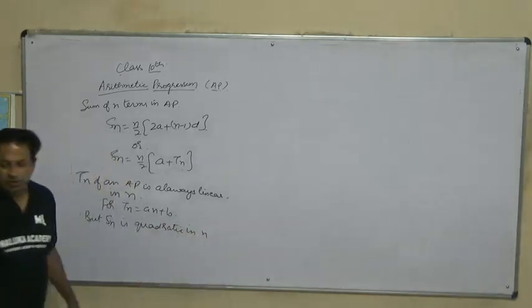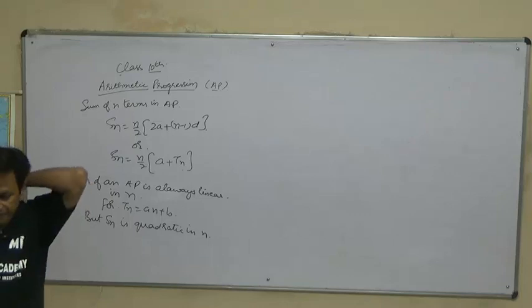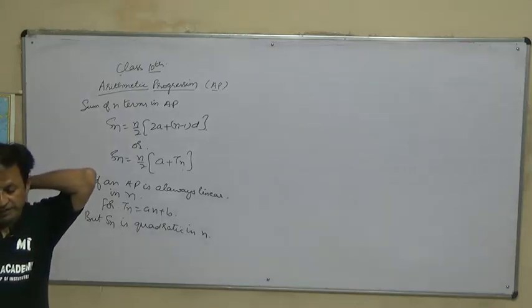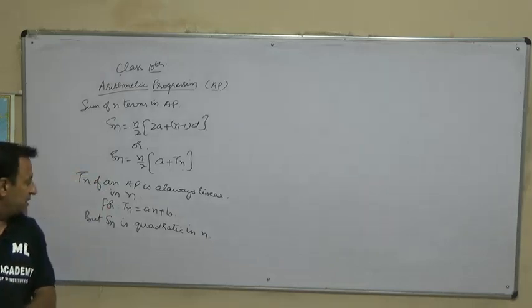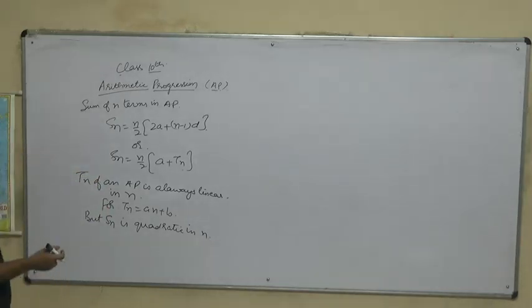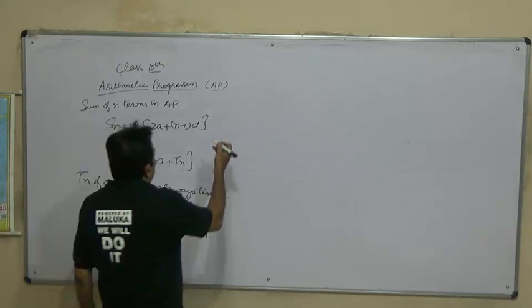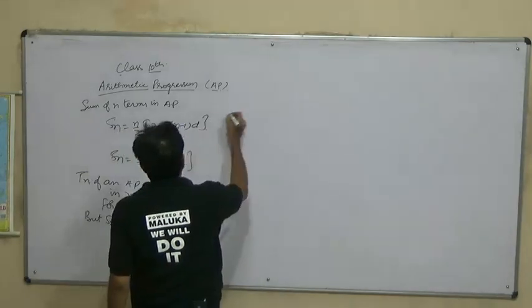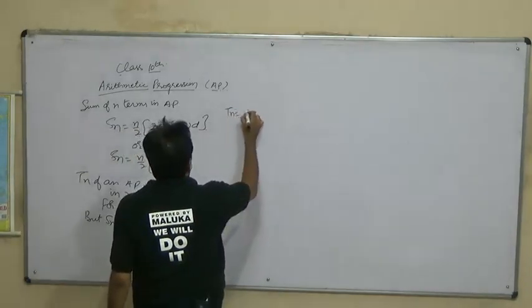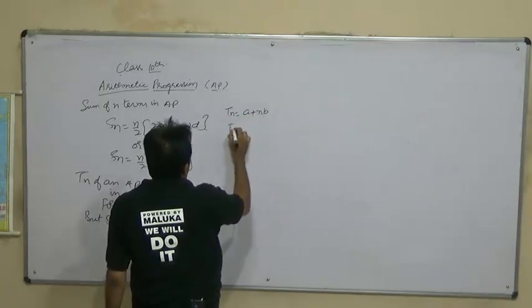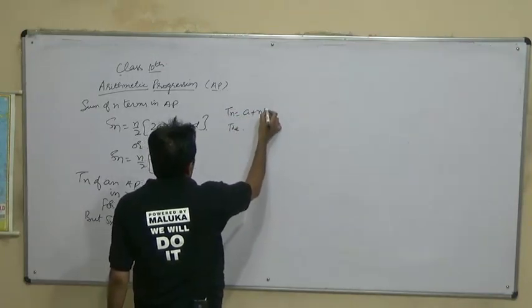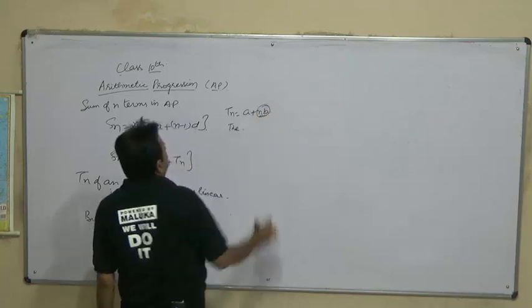So this is quadratic in n. Now if you want to find, for example, if the series is 2 minus n, in case of Tn equal to a plus nb, the common difference is given by the coefficient of n.